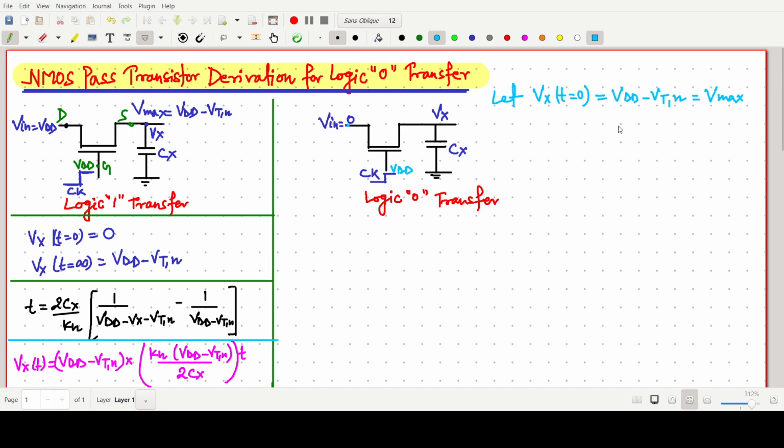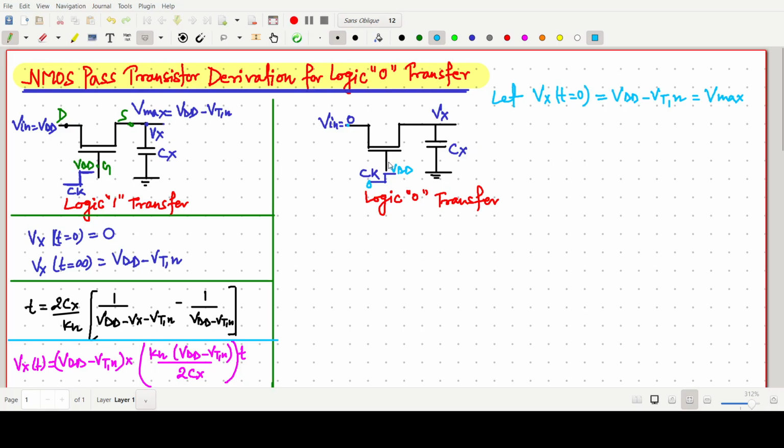Now a logic 0 level is applied to the input. And now the clock signal that we are giving to the gate of the pass transistor goes from 0 to VDD at t equals 0, and the pass transistor starts conducting when this VDD value is high.